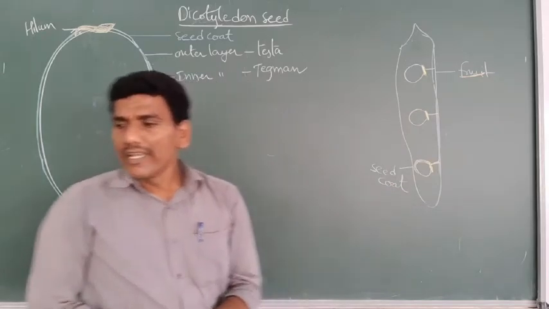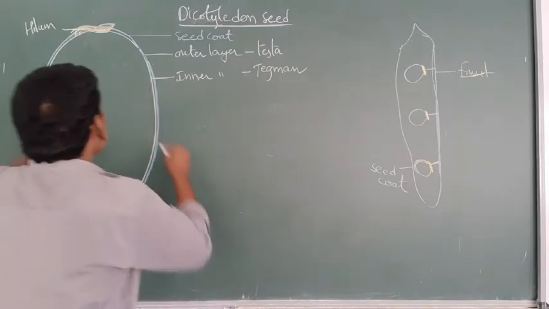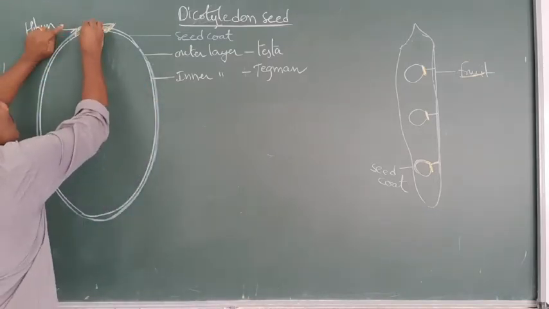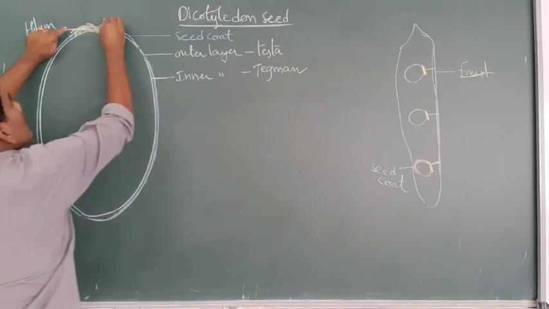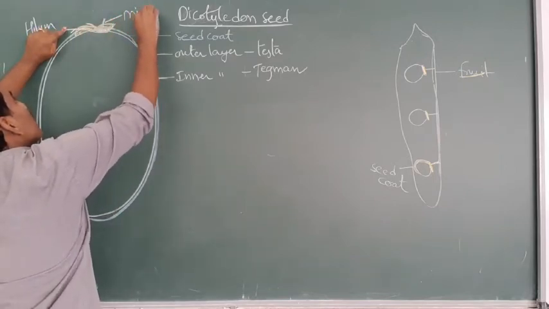This is one more important point. Next one. Near the hilum, a small pore is present. This is called micropyle.